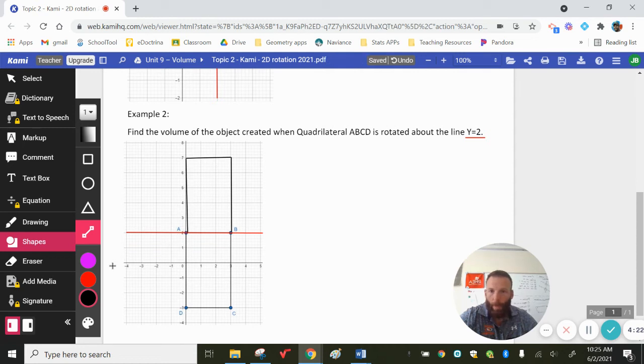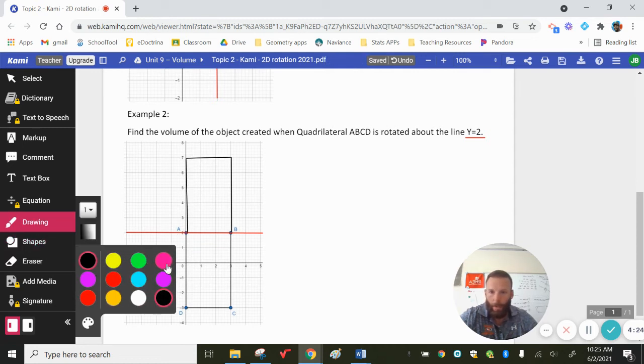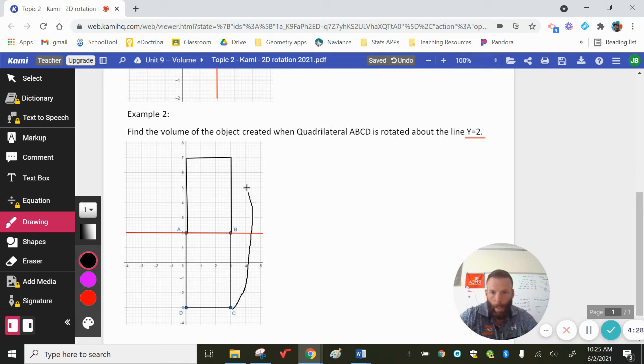Let me try to draw these circles. Point C is going to be looping around point B to create a circle, and the same thing happens with point D, looping around point A to make a circle. That's not so bad. So really what happens is I create a cylinder out of this.